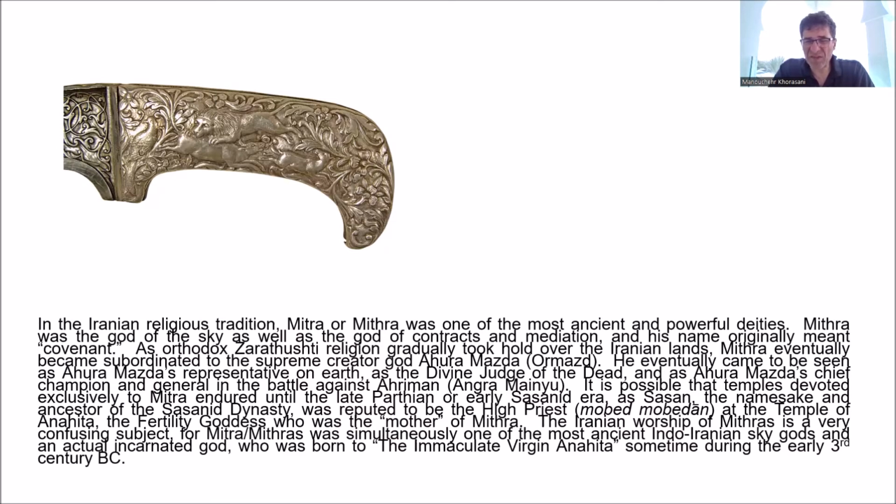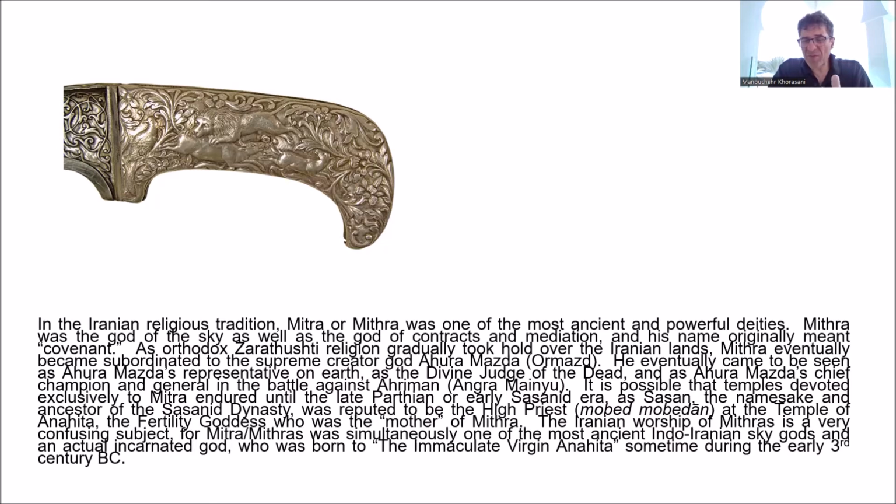It is possible that temples devoted exclusively to Mitra endured until the late Parthian or early Sassanid era, as Sasan, the namesake and ancestor of the Sassanid dynasty, was reputed to be the high priest Mobed Mobedan at the temple of Anahita, the fertility goddess who was the mother of Mitra.